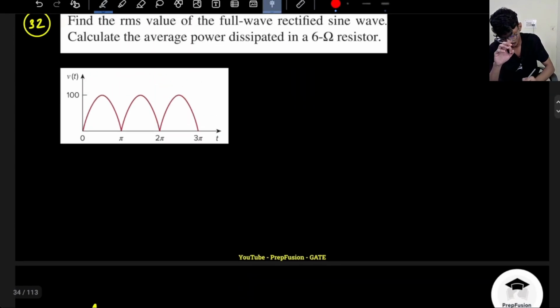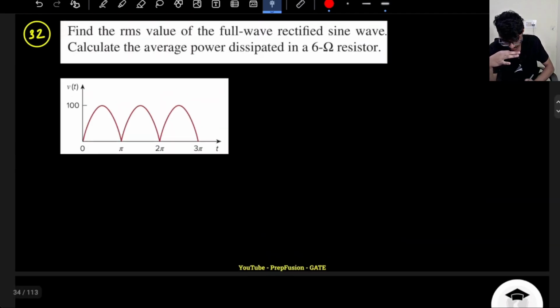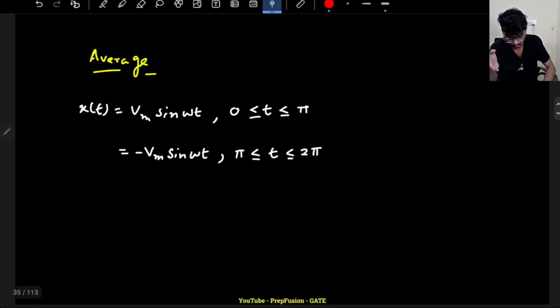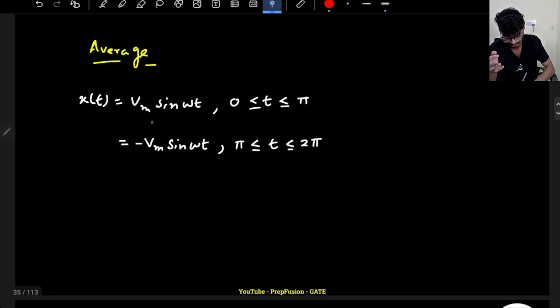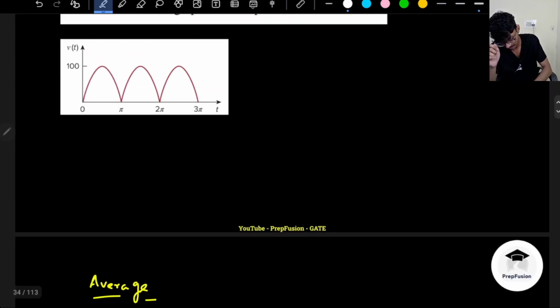Now I can notice one thing: a sine wave has a period of 2 pi, but this has a period of pi, because I observe that after every pi this waveform is repeating. So only this much is sufficient to calculate the average value. What is the omega here?